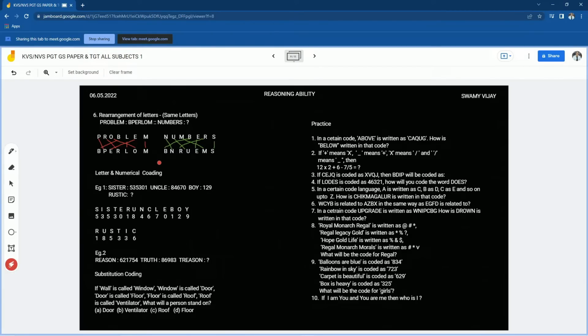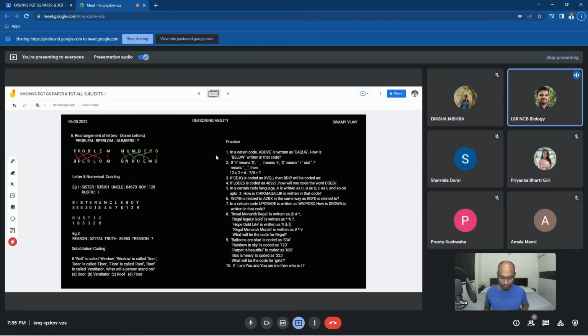The first letter becomes the second letter, the second letter becomes the fourth letter, and the third letter becomes the sixth letter. That is the pattern we have used here. Next, the second letter becomes the first letter, the next third letter becomes the fifth letter, and the seventh letter becomes the ninth letter, I think so. So accordingly, what is the arrangement for numbers?